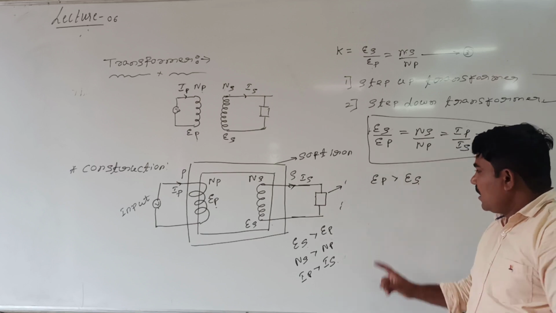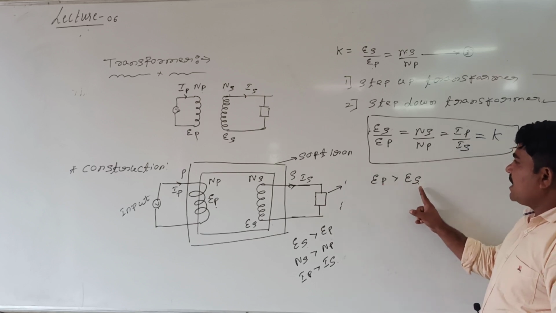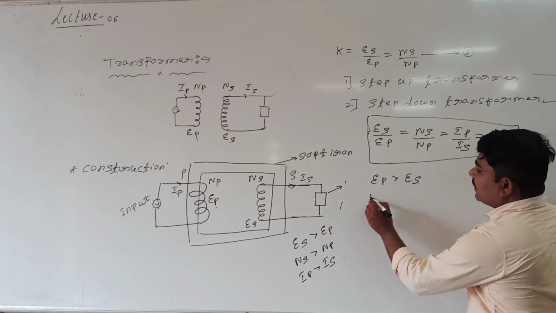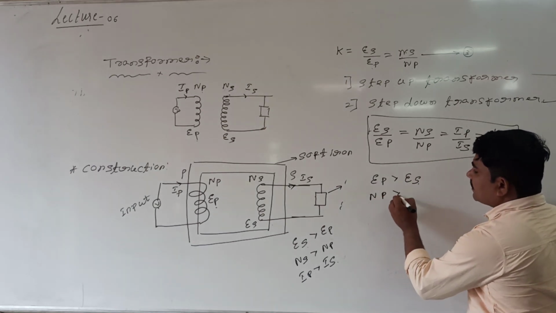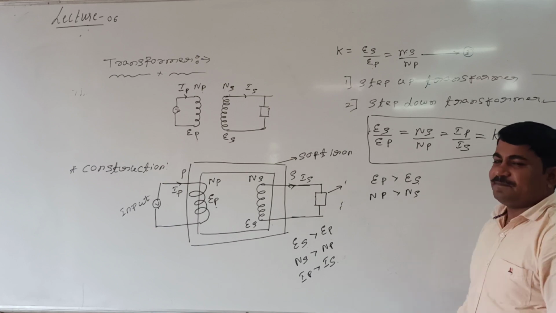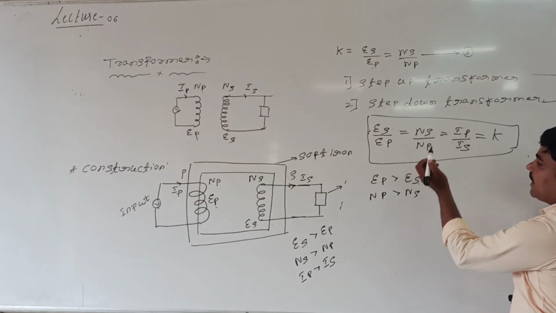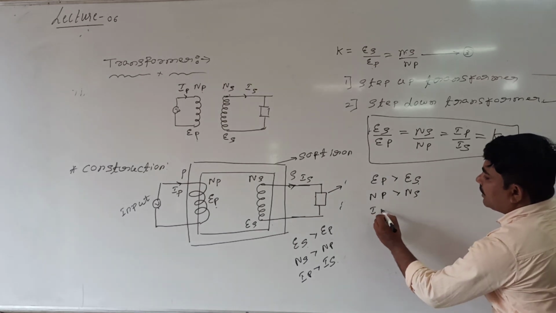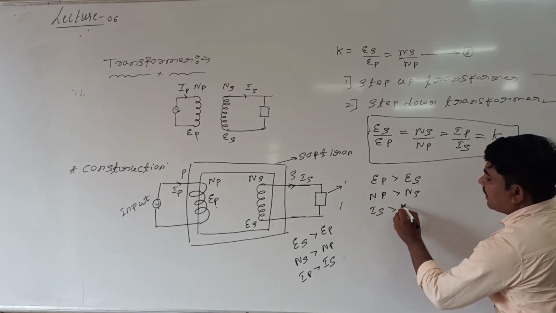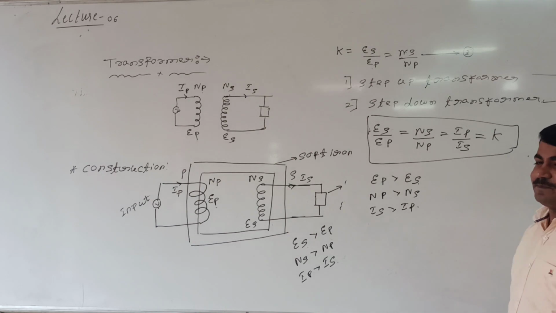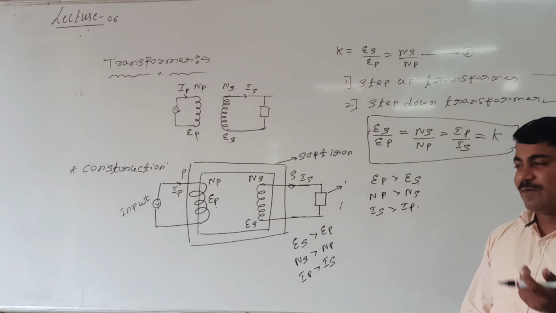If EP is greater than ES, then what is the condition? NP must be greater than NS. If NP is greater than NS, then IS must be greater than IP, just the reverse of step up. Very simple.